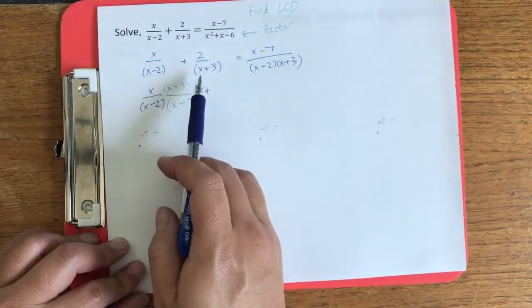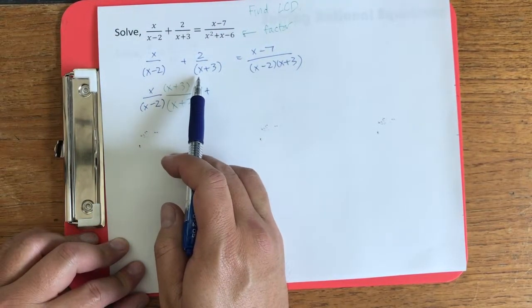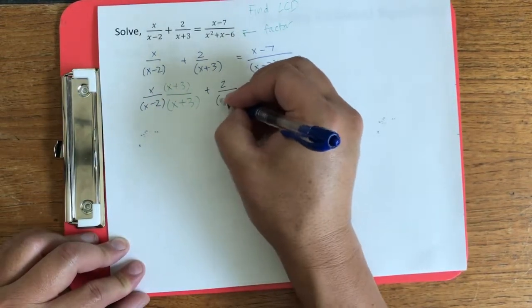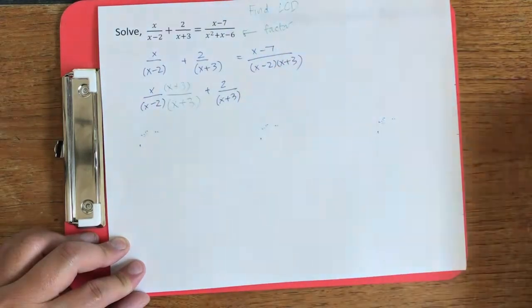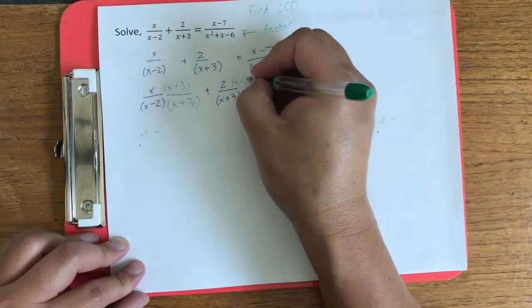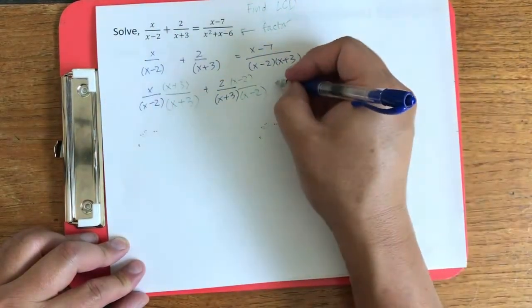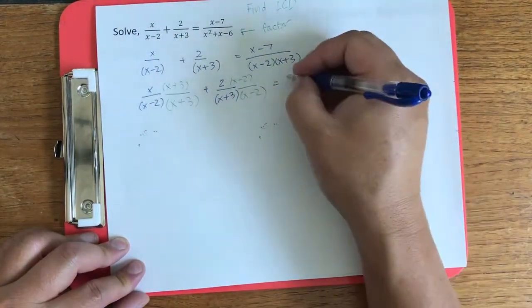And then the next question is, what am I missing here? That's here and here, and the answer is x minus 2. And this denominator is not missing anything.